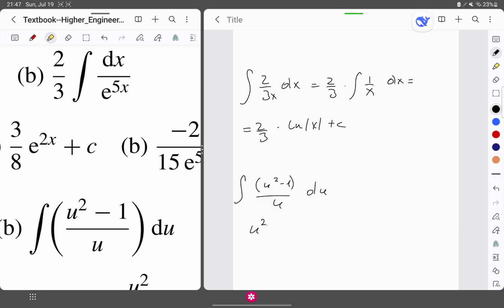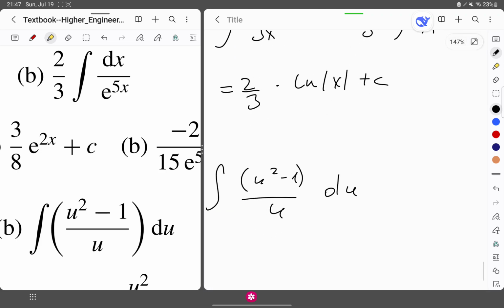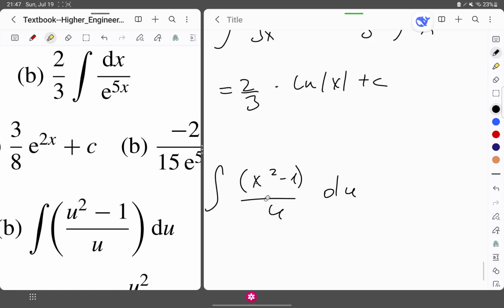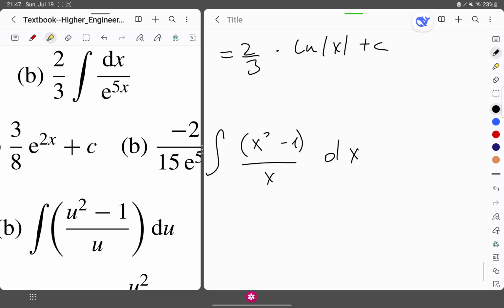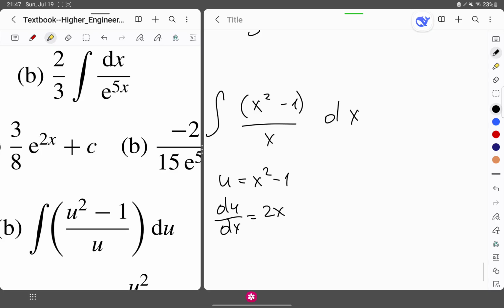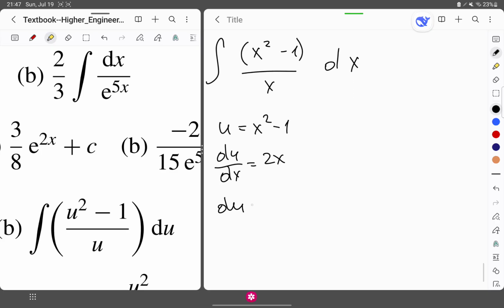Let u be x squared minus 1, du over dx equals 2x, and du equals 2x dx.